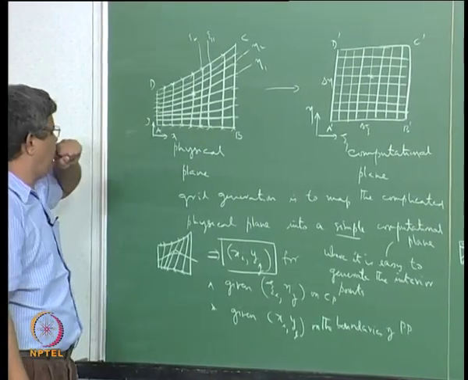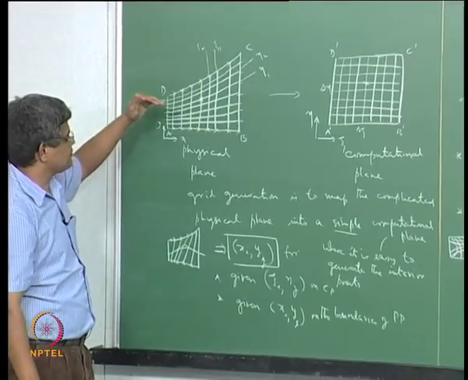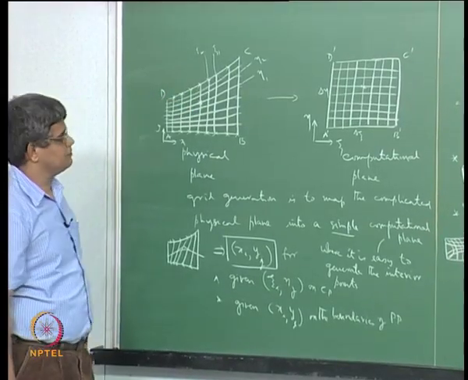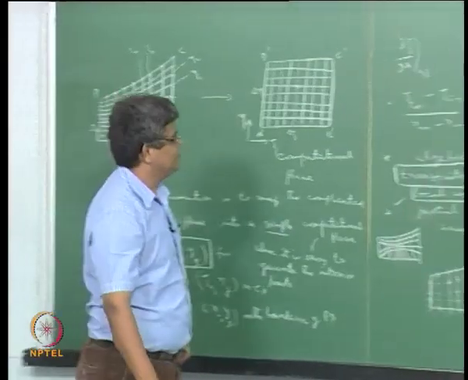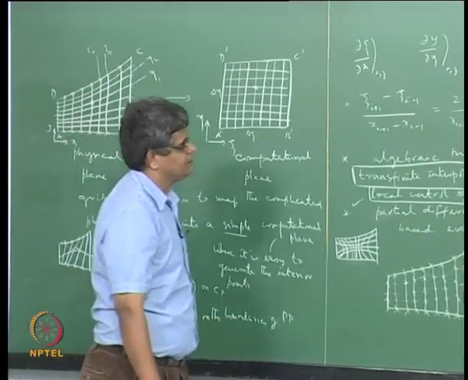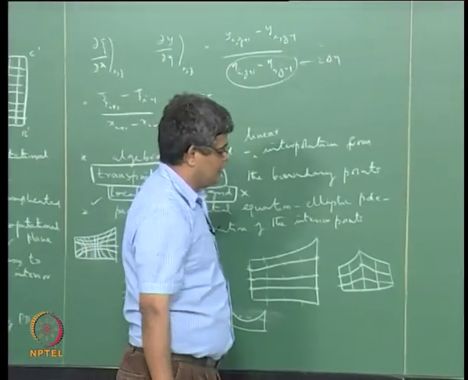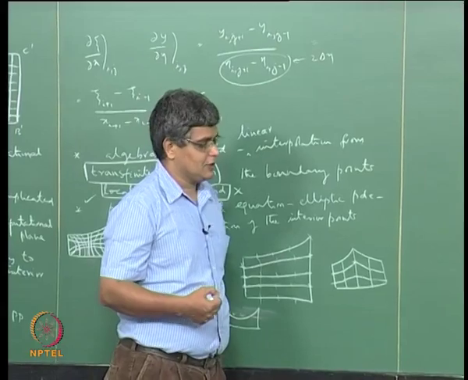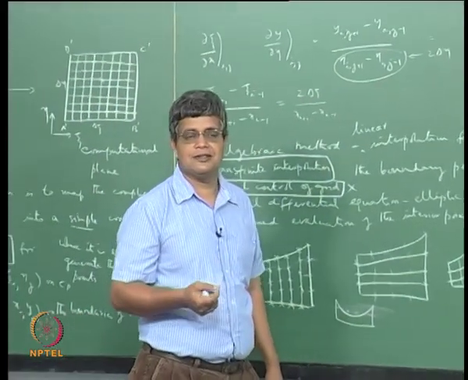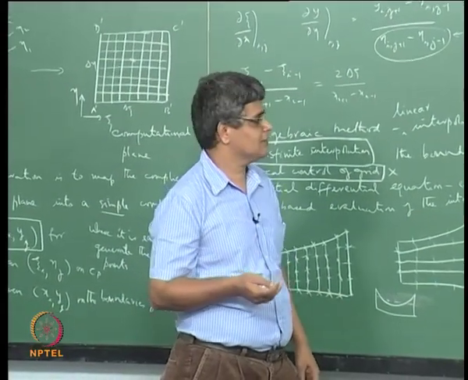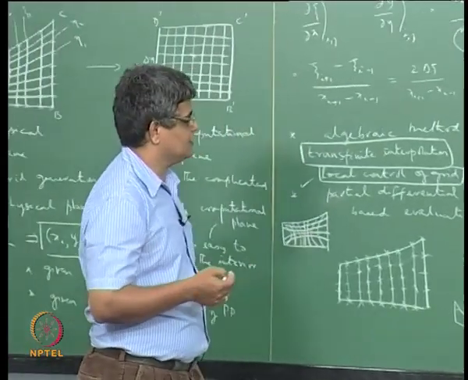And how can we ensure that? We can say that if one were to say smooth variation, then that means that the second derivatives are small.